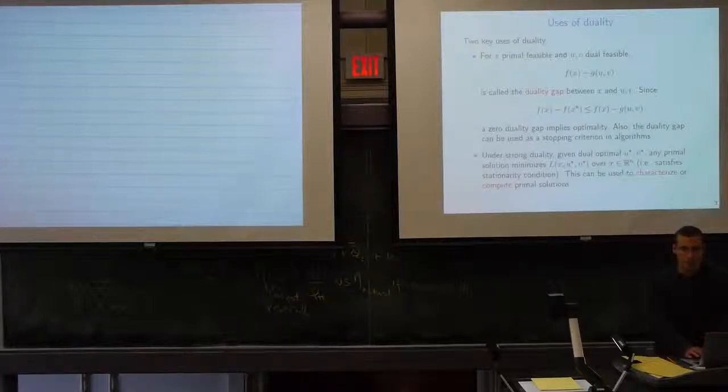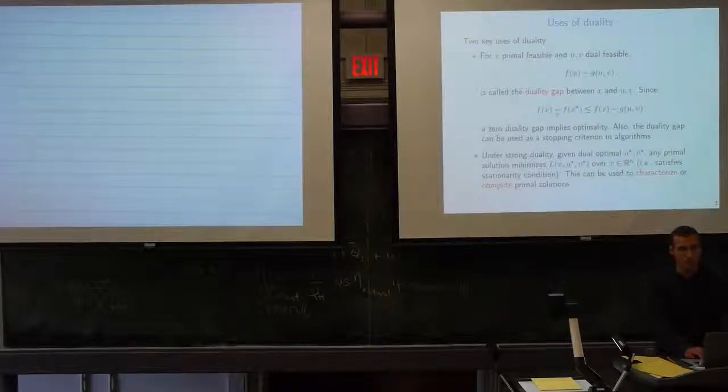And we have this helpful relationship, which is that the difference between f of x and f at its optimum, x star, is no more than f of x minus g of u, v. That's just because g of u, v always provides a lower bound on the optimal criterion value in the primal for any dual feasible u and v.